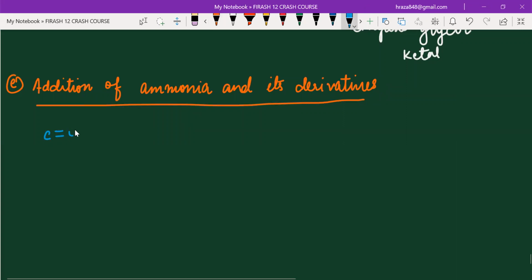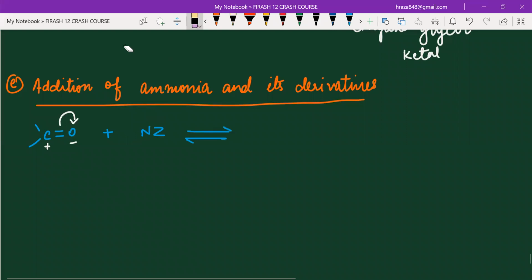So as you can see, this is your aldehyde or ketone. This is your either ammonia and its derivative, one of the hydrogen replaced by Z. Z can be anything. I will give examples of Z. So what will happen? Again, same concept. This will go like this. So there will be positive, there will be negative, there will be negative, there will be positive like this. Wait a minute. Let me show you again.